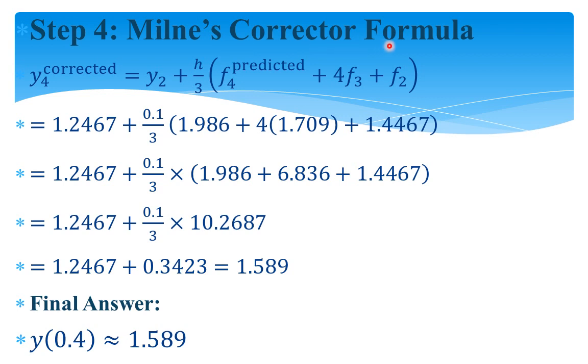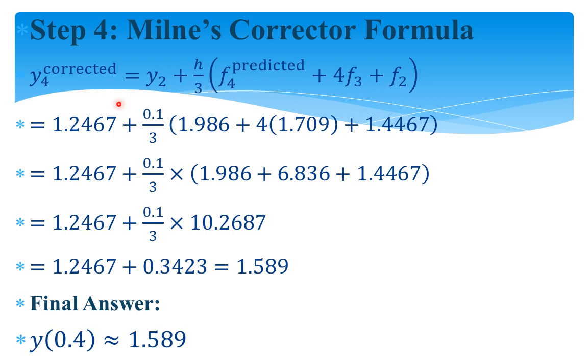Milne's corrector formula we use. Now you can see here y4 corrected equals y2 plus h upon 3 bracket f4 predicted plus 4f3 plus f2.